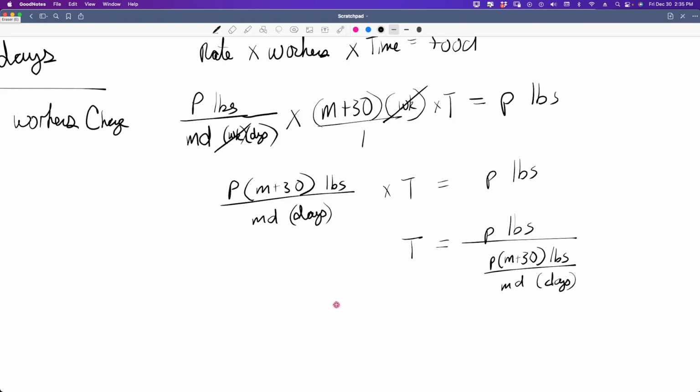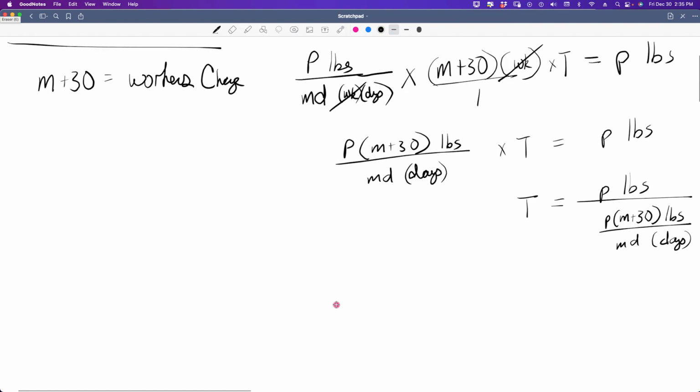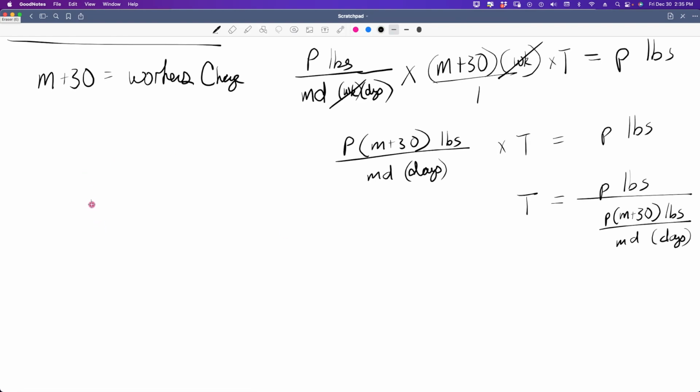Now I'm going to do keep it, change it, flip it. P pounds over 1 times, and then the bottom goes to the top, M D days over P times M plus 30 pounds. So here's what I see.